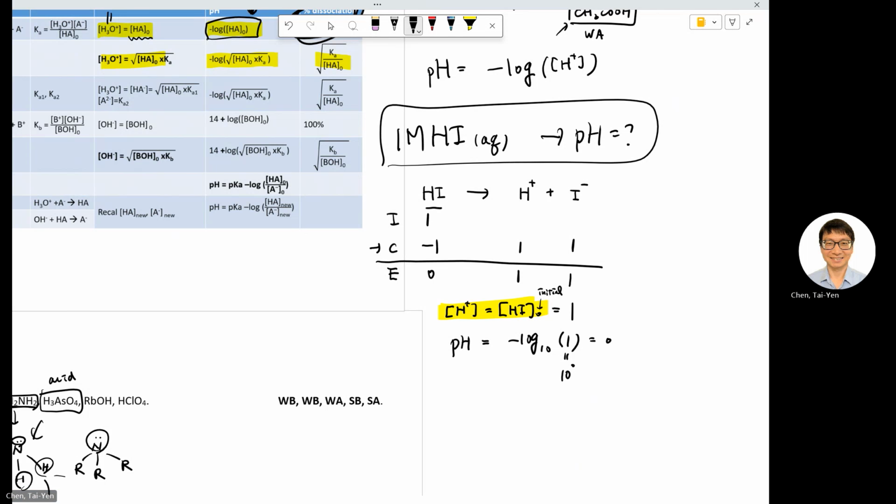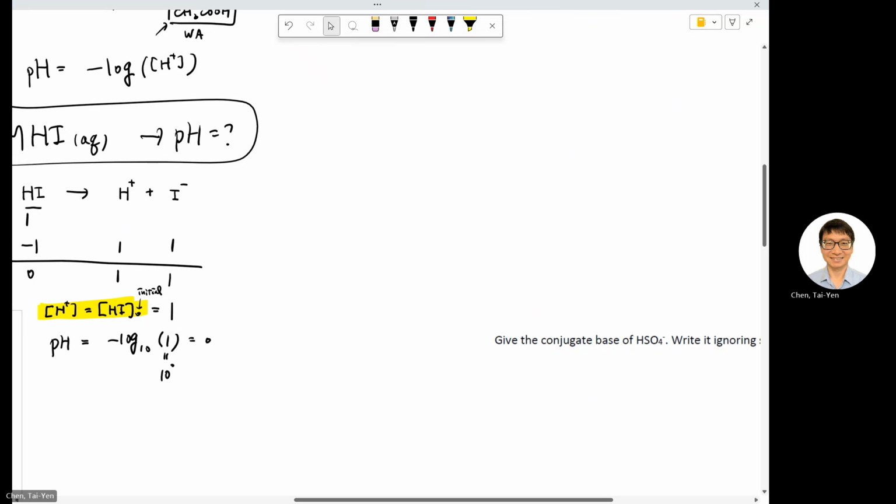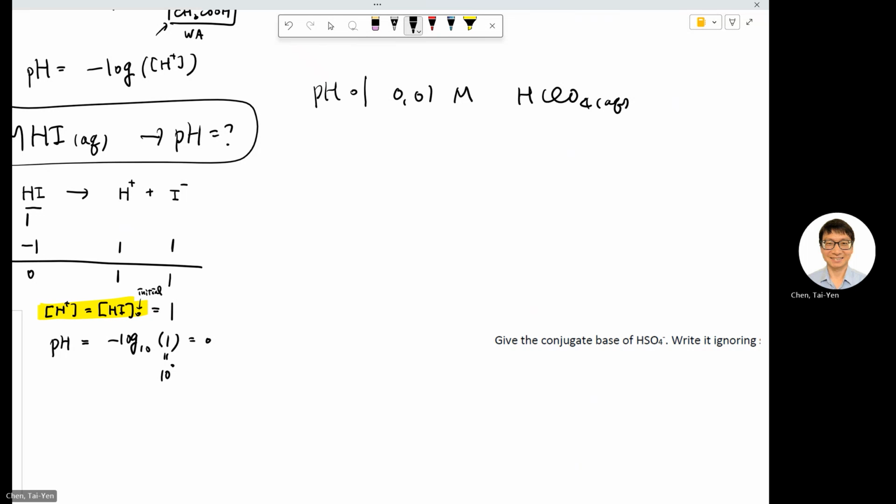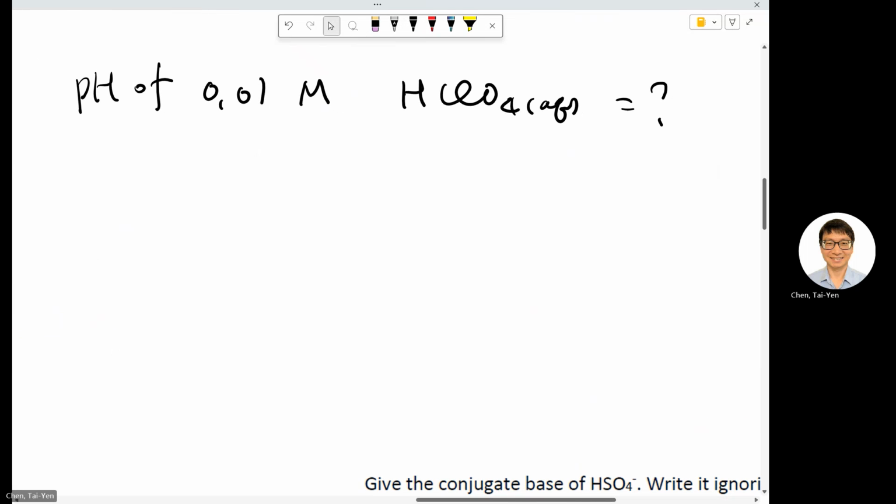Okay, for example, what is the pH of 0.01 M HClO4 aqueous solution?